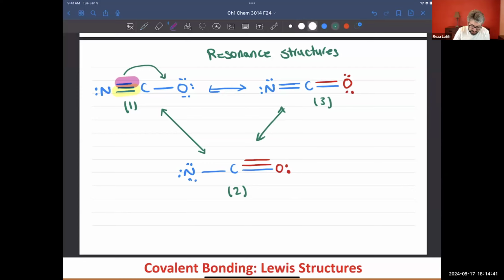And we use this sign between them. This arrow with a double head means you are dealing with resonance structures. I hope this lecture was useful. Thank you very much.